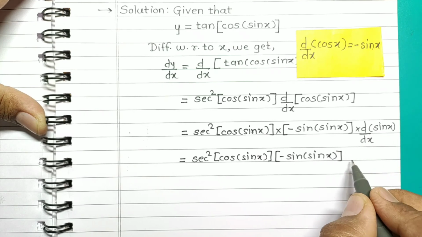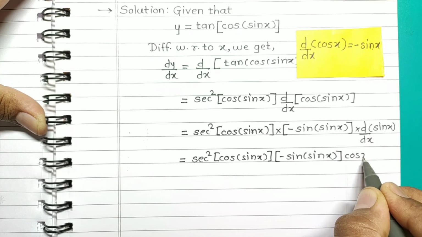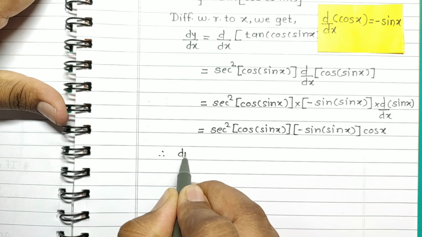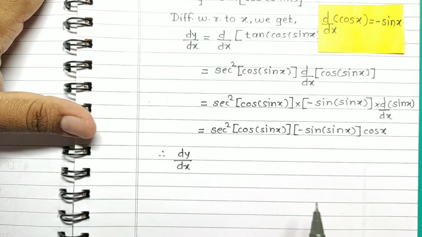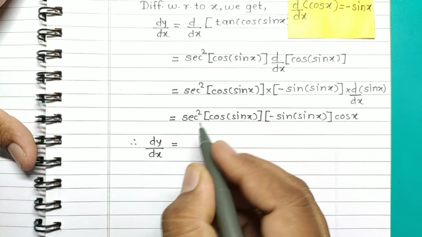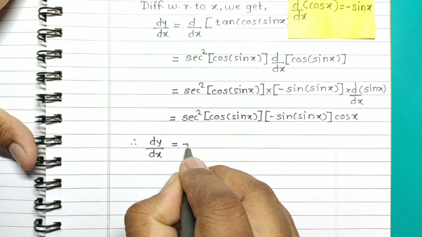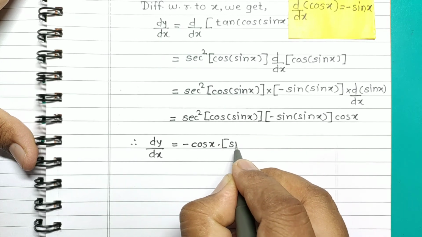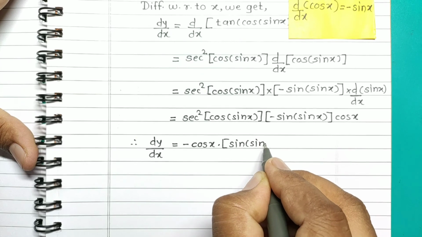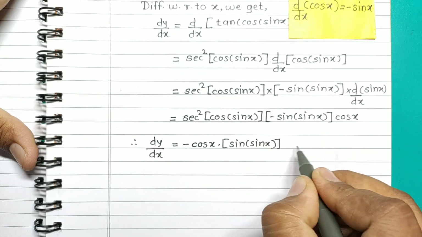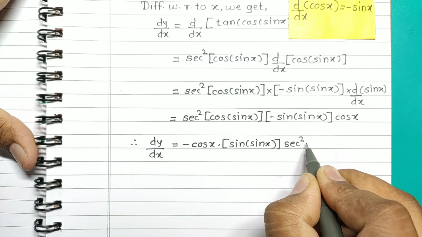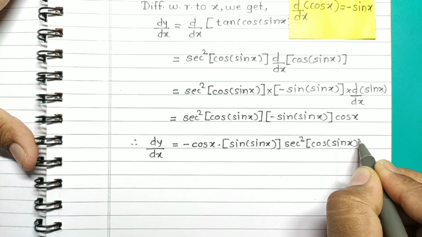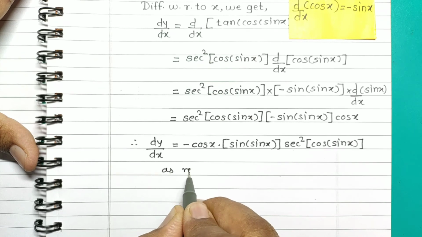So derivative of sin x is cos x, and therefore finally we have dy by dx is equal to, rearranging these terms, minus cos x into sine of sin x into sec square of cos of sin x as the required derivative.